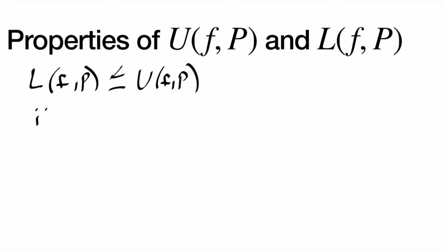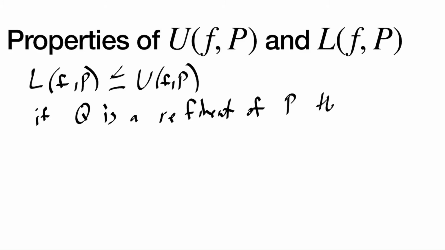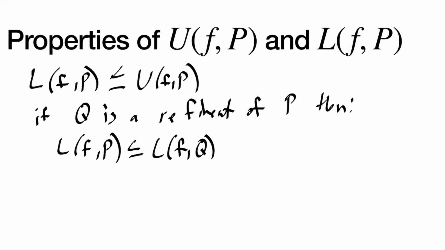A nice theorem is what happens if you take a refinement. So if Q is a refinement of P, then, and this is what our theorem is going to say, whenever you take your refinement, your lower sums become bigger and your upper sums become lower.